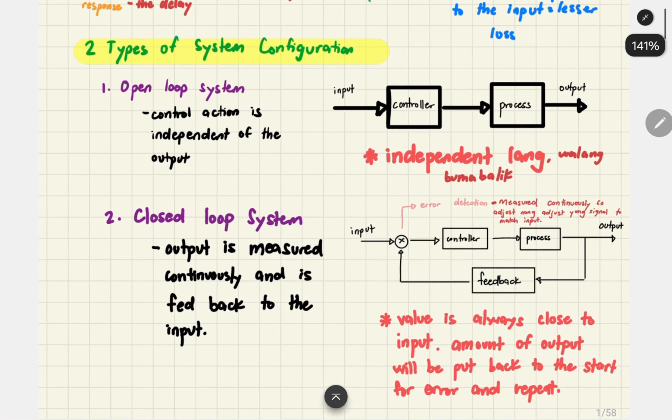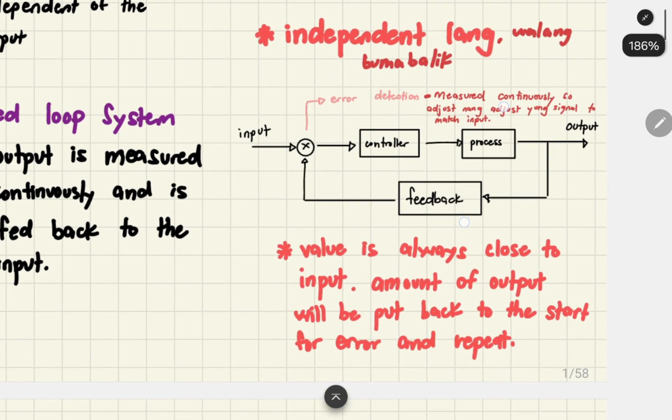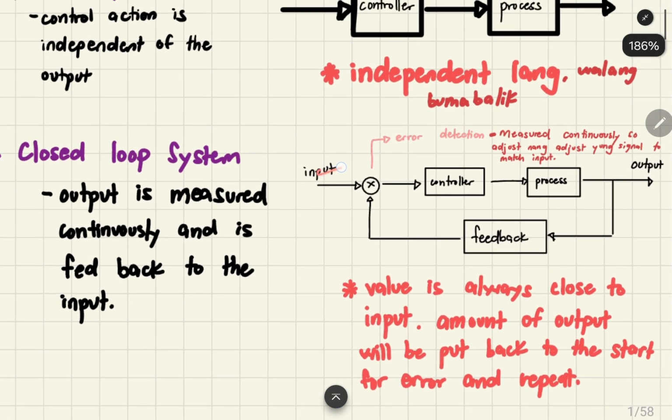As you can see, in the open loop system, it is linear, right? Input, control, and then the processing, and then the output. It is linear. While in the closed loop system, as you can see, we have the input, and then the controller, and then the processing. And then we have here an arrow that goes back to our error detection.